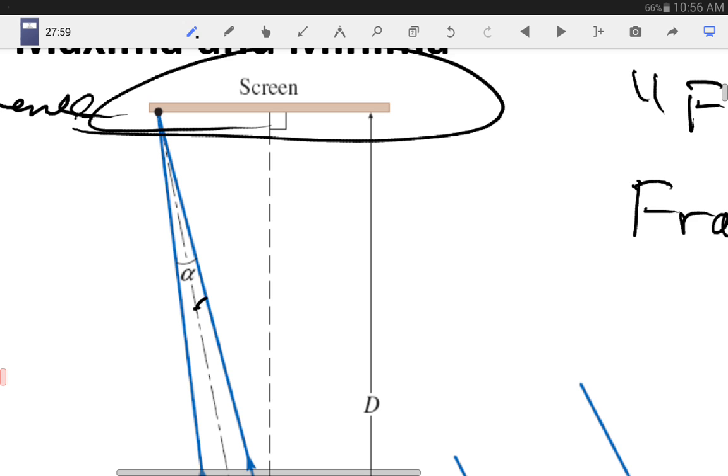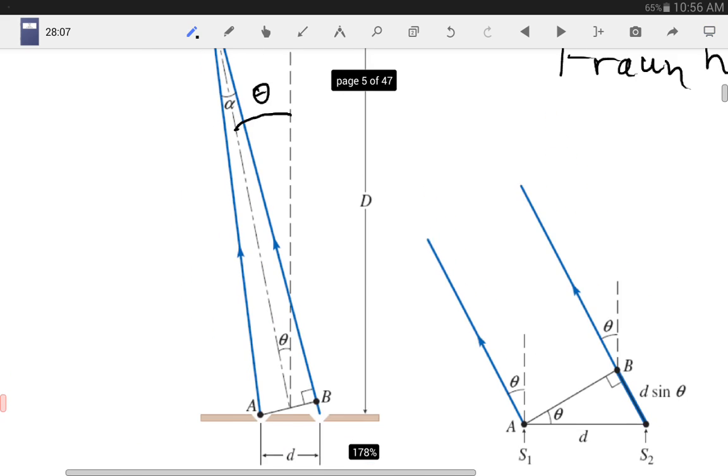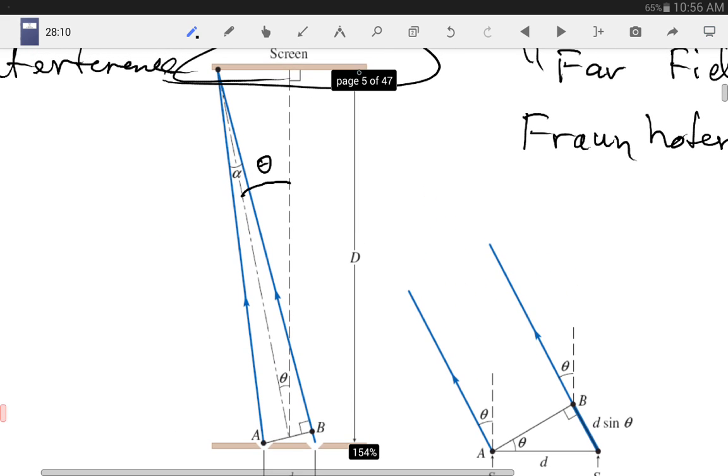So the angle right here, drawing it bigger, that is the angle theta. Notice because we're working in a regime where this distance from the slits to the screen is very large compared to the separation of the slits, that means that if I make this triangle that has alpha as the apex angle, the distance between the slits is very small compared to the distance going down the triangle. So we have a triangle that is very much like this, with this side negligibly small.